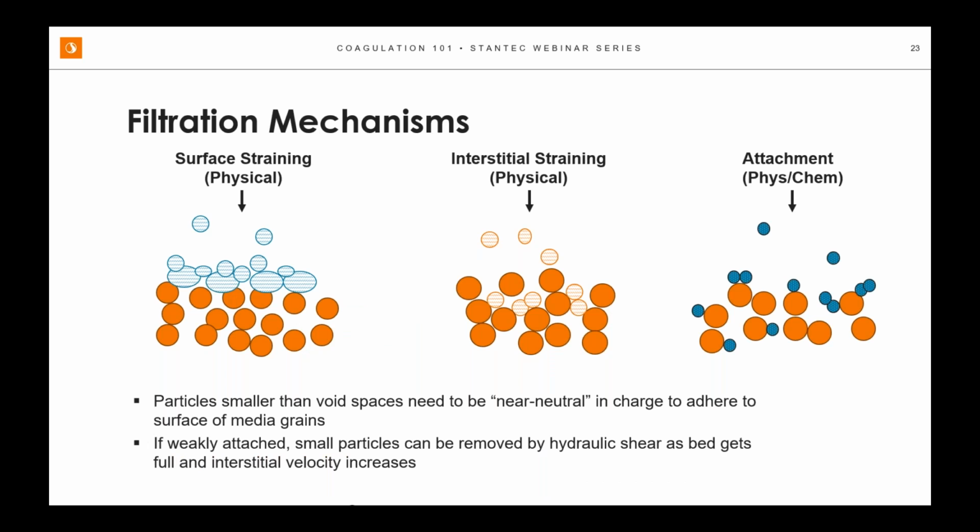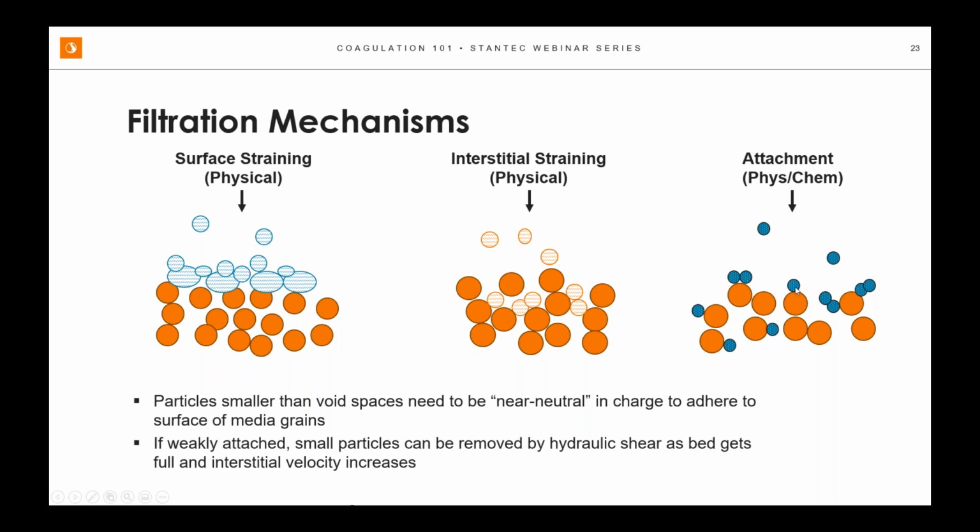and we might need to give it some attention. So when we look at our filters, we're not doing surface straining. Membrane filters work like this: the pore size is small, particles get excluded. What we're doing in media filters, like if you took your granular media filter in your water plant and added no coagulant, the small particles that are in your lake or river water are going to go right through the pore spaces of the media.